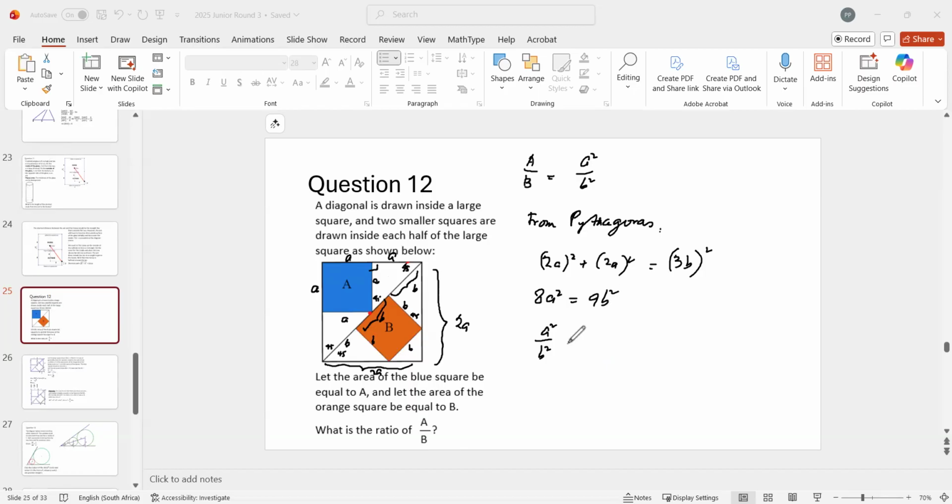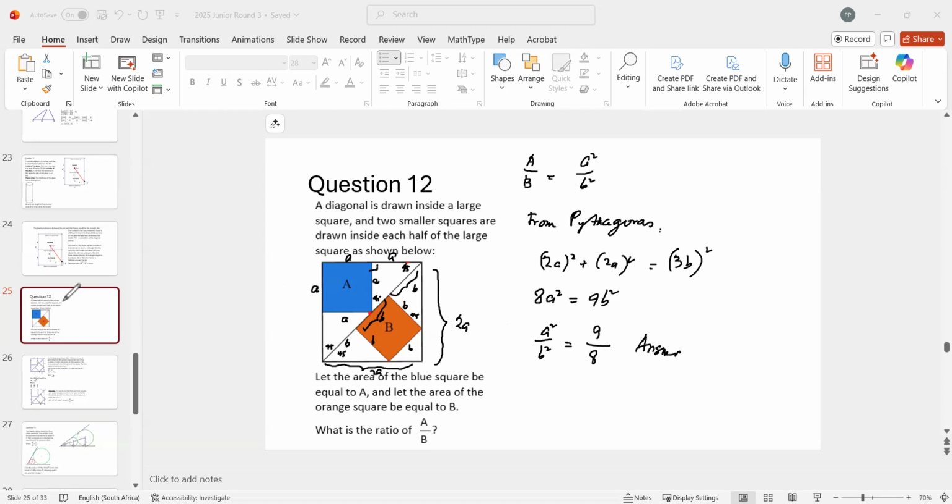When I put equals, you'll have to cross multiply. 8a squared is equal to 9b squared. See, 8a squared equals 9b squared from here. It's not 8 over 9, it's 9 over 8. So that's the answer. So the required ratio is 9 over 8.